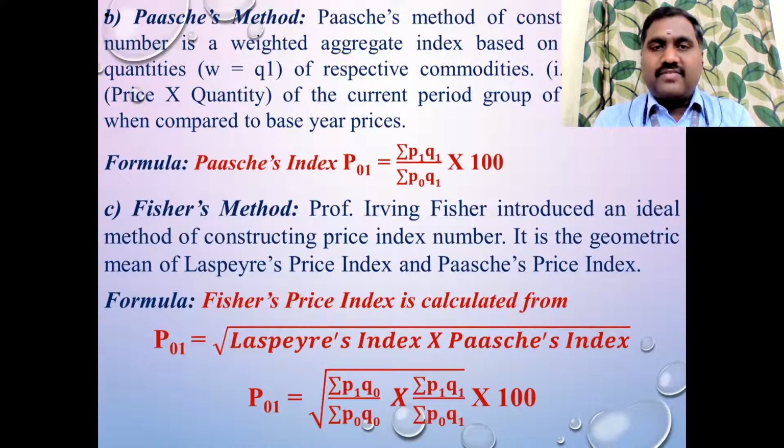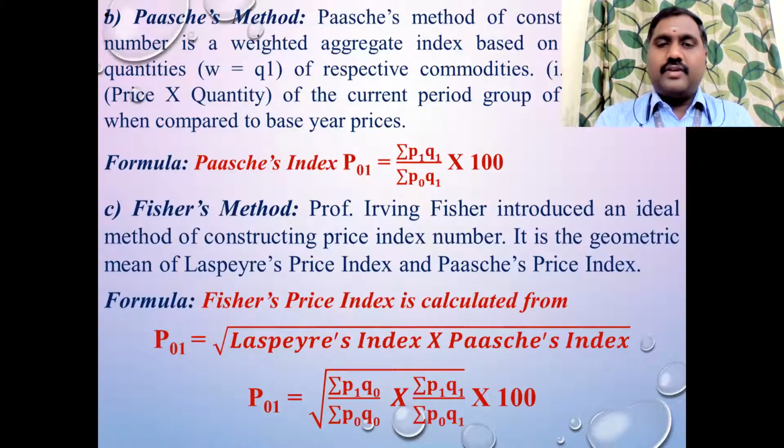So copy the formula for the Fisher method. Under the Fisher method, the formula is the square root of summation P1 Q0 divided by summation P0 Q0, into summation P1 Q1 divided by summation P0 Q1, into 100. The square root is only for the particular formula, not for the 100.